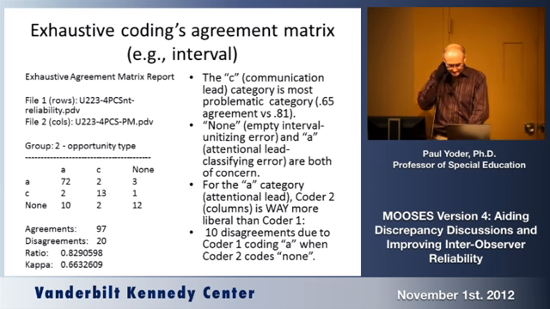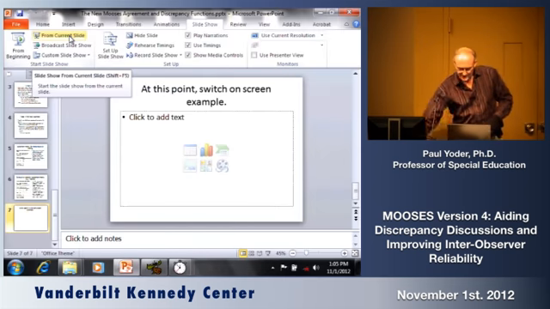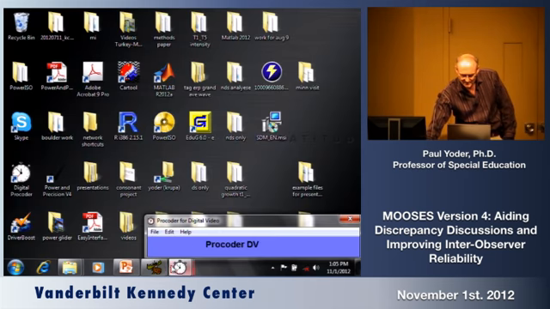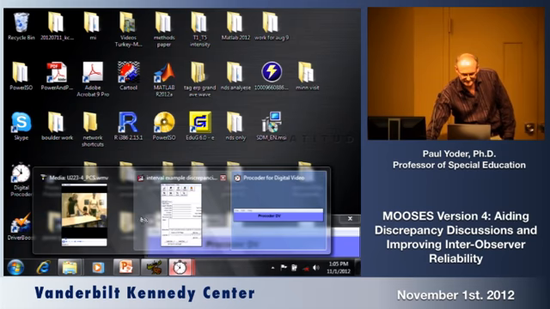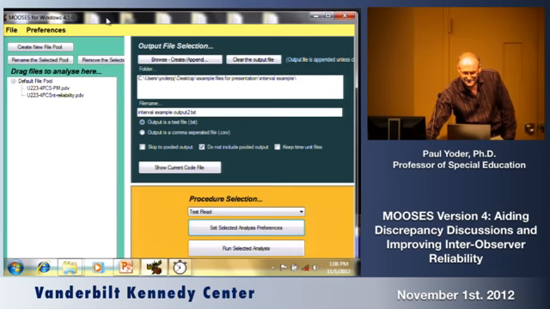Okay, now what I really want to do is to focus on the software that we're trying to promote here, which is Mooses. Whoops, that's not it. Sorry. I've already got loaded these two files. These are interval files.